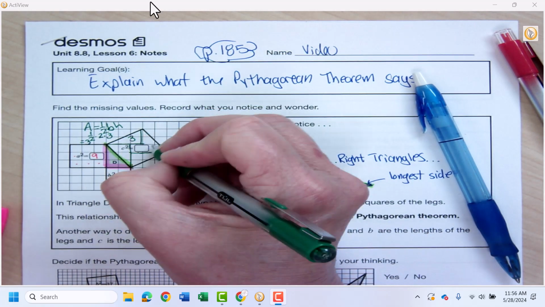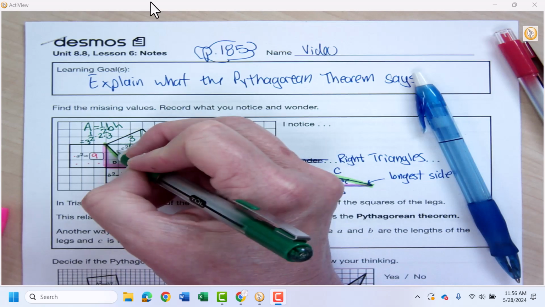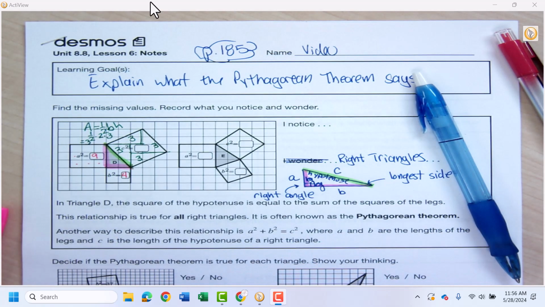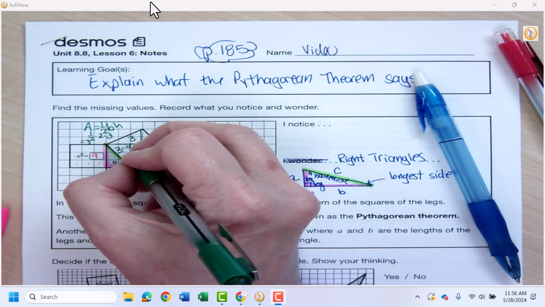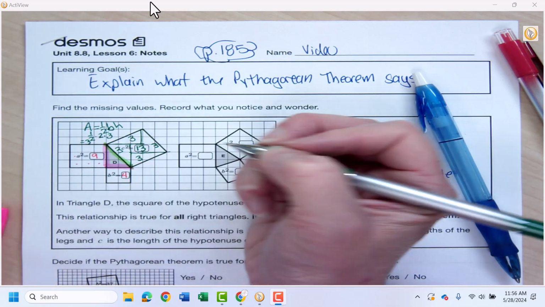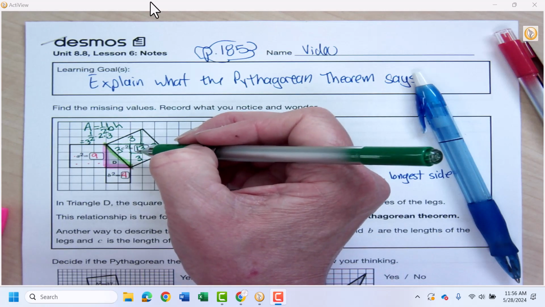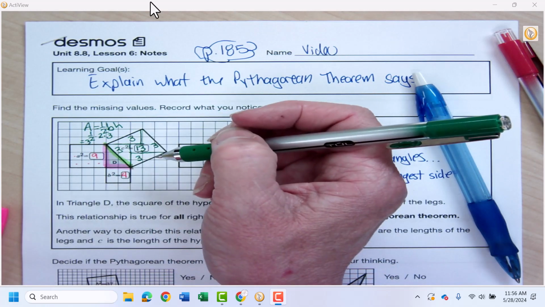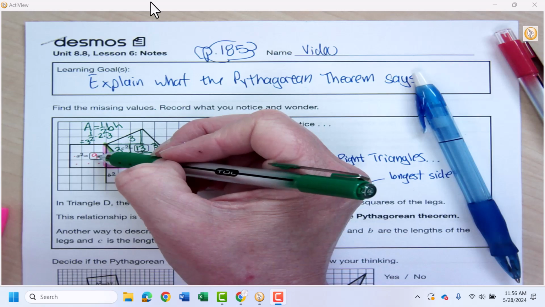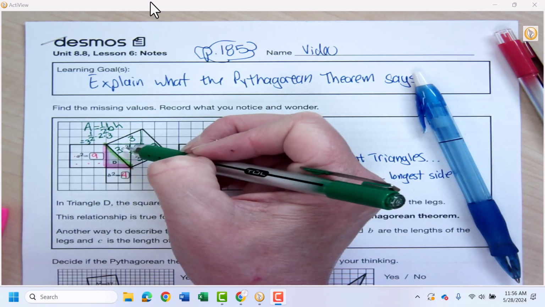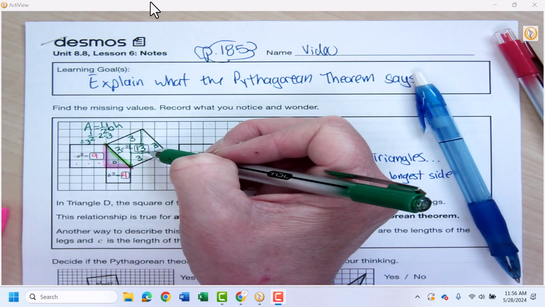So that triangle's 3, that triangle's 3, that triangle's 3, that triangle's 3, and there's that one square in the middle. So I have a total of 13 square units. Oh, what a pain. I can do it. I have the tools to do it by finding the areas of squares. But I know that A squared is 9, B squared is 4, and C squared is 13.